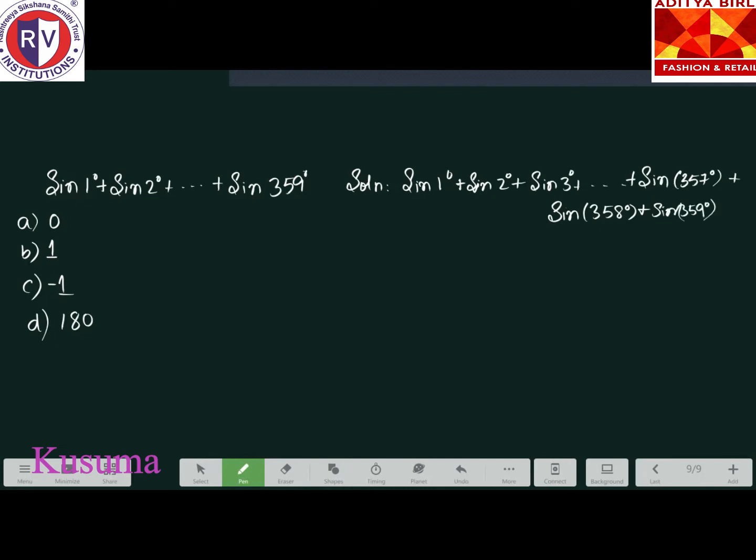See, 359 can be written as 360 minus 1, right? Similarly, 358 can be written as 360 minus 2, and 357 can be written as 360 minus 3. So let us replace 357, 358 and 359 by 360 minus 3, 360 minus 2 and 360 minus 1. Let us see what happens.